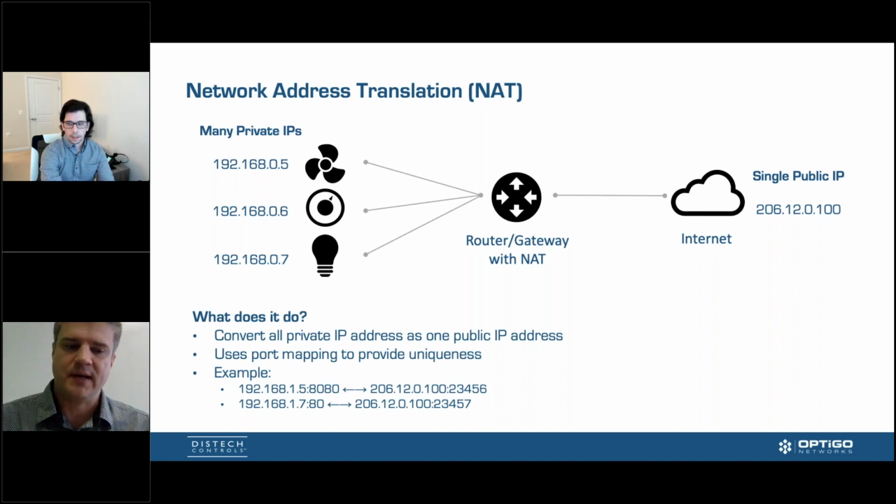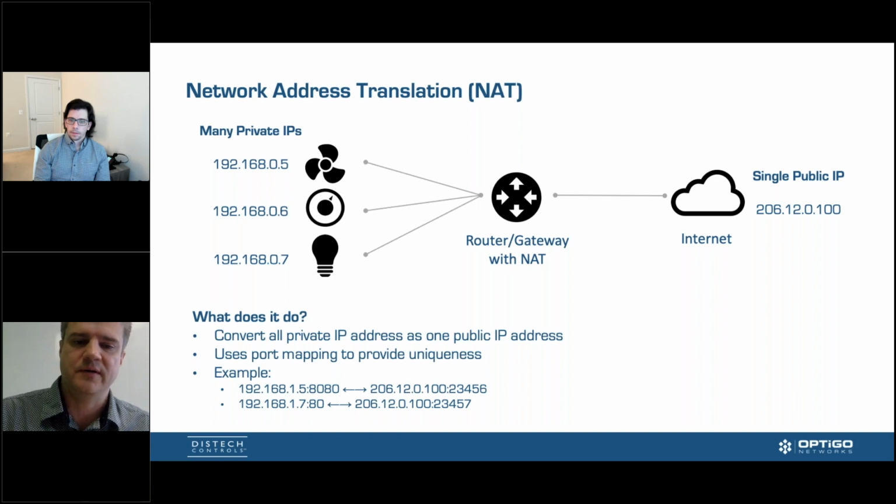any router or gateway with a NAT capability can allow assignment of the private IP addresses inside of its network. So what you see here is a bunch of devices on the left. They're all within the 192.168 subnet. So those are private IP addresses. They're not routable out onto the internet.